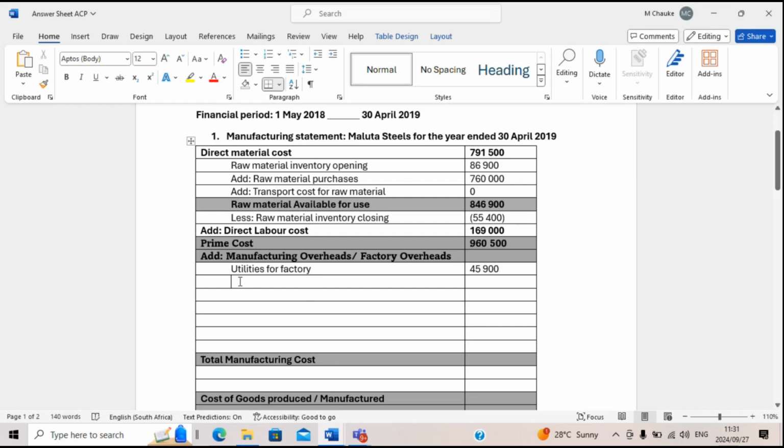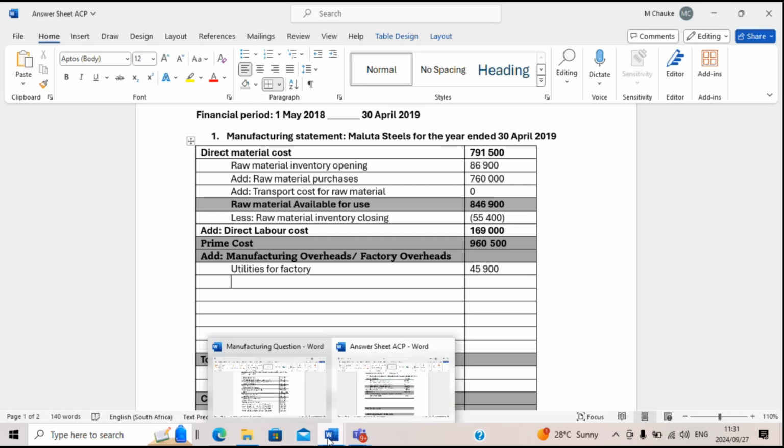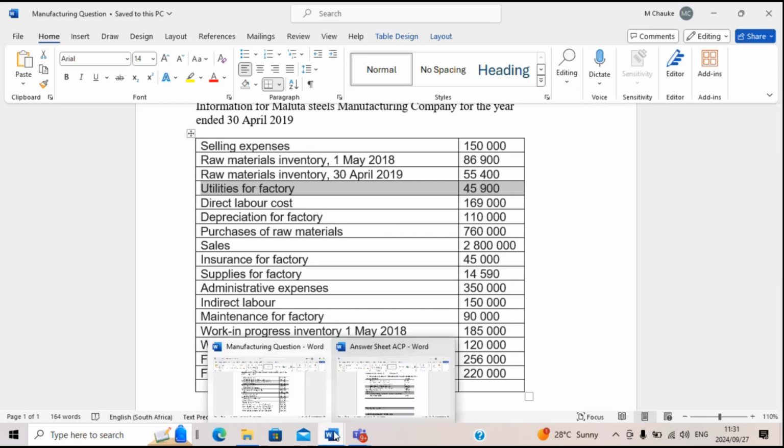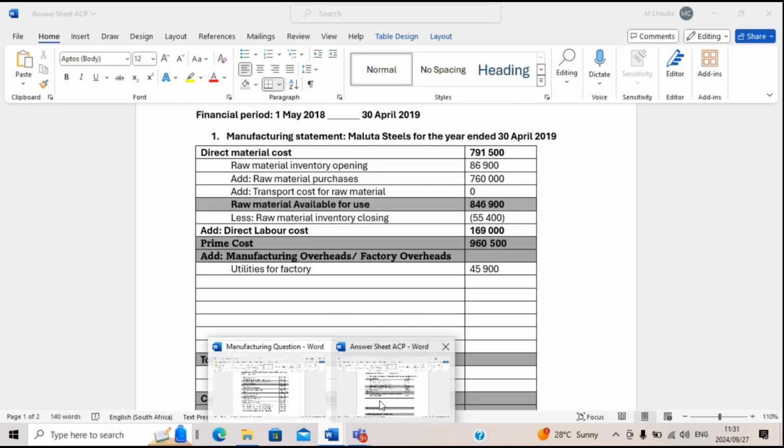And then another one is what? Let's check the question. Following utilities for factory is depreciation for factory.